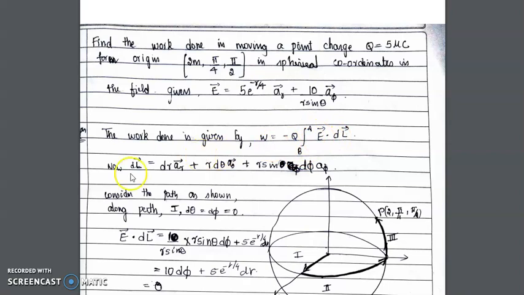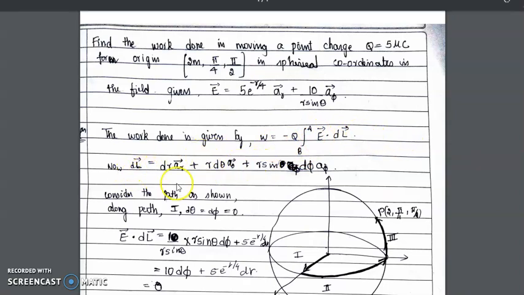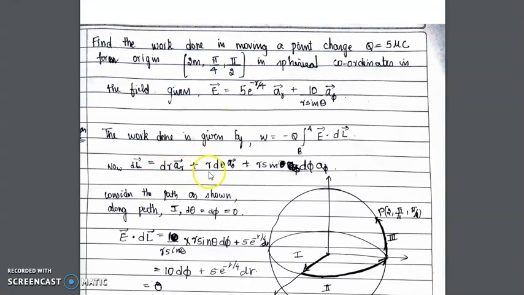In spherical coordinate system the elemental length dl in vector form is given by dr a_r plus r d theta a_theta plus r sin theta d phi a_phi.